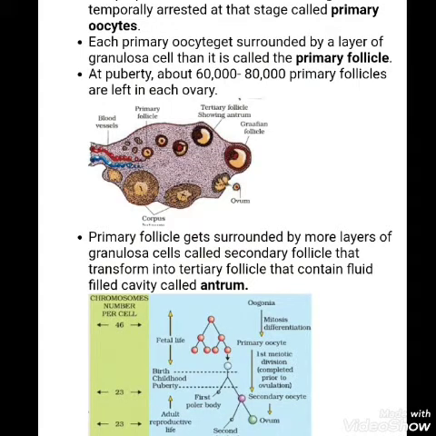As long as it is filled with fluid, it is known as tertiary follicle. And then this tertiary follicle converts into Graafian follicle, or the fully matured follicle, which has primary oocyte in prophase 1.